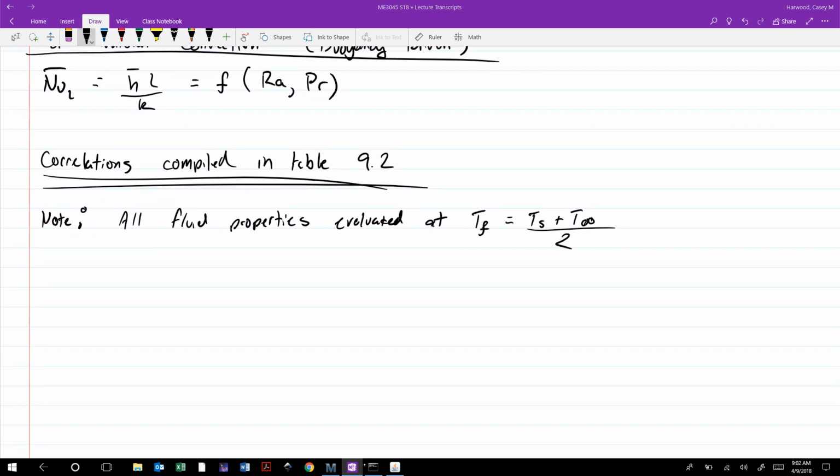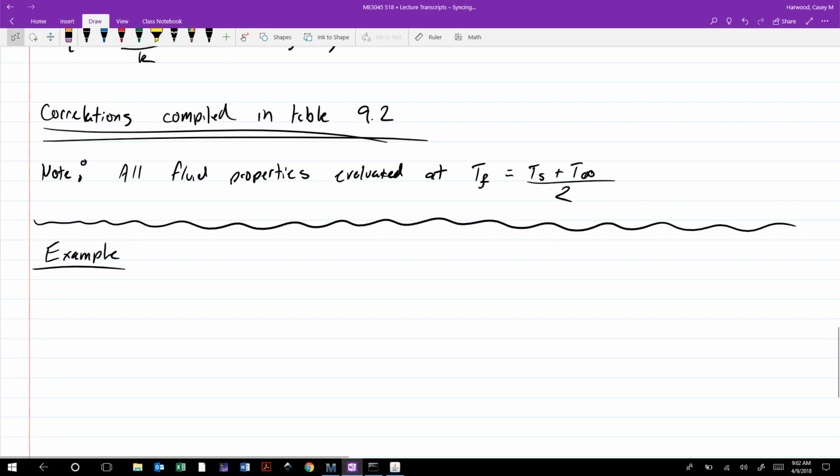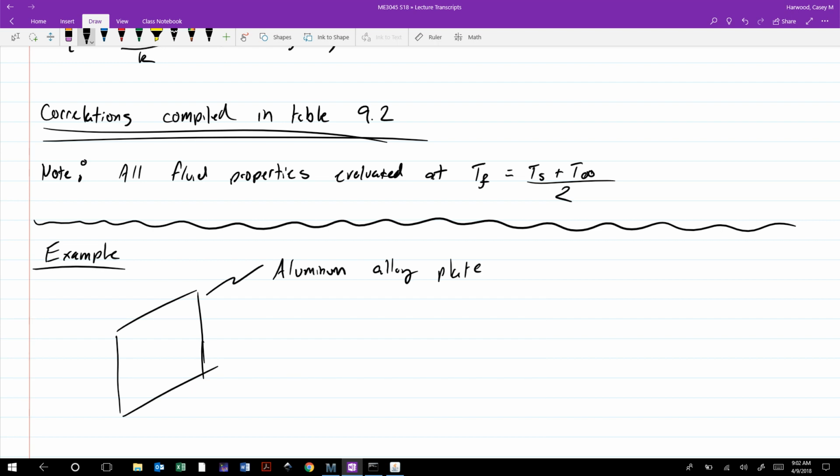So as an example, and this example is going to be a little bit more in depth, but hopefully we'll find that it's none too difficult. Consider a case where we've got an aluminum alloy plate with the following properties.